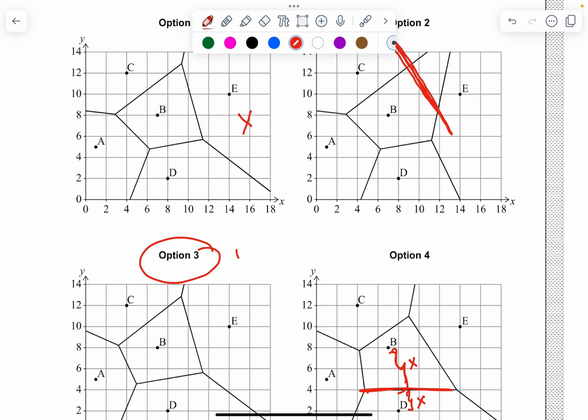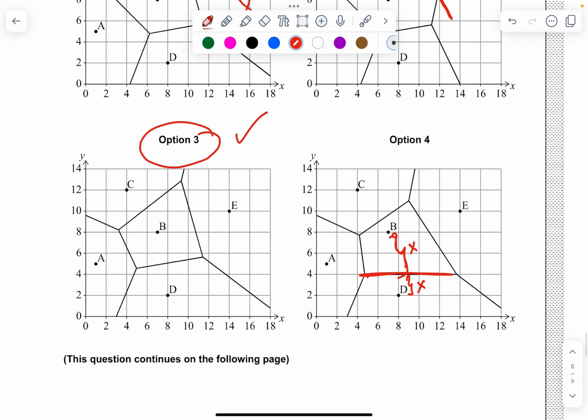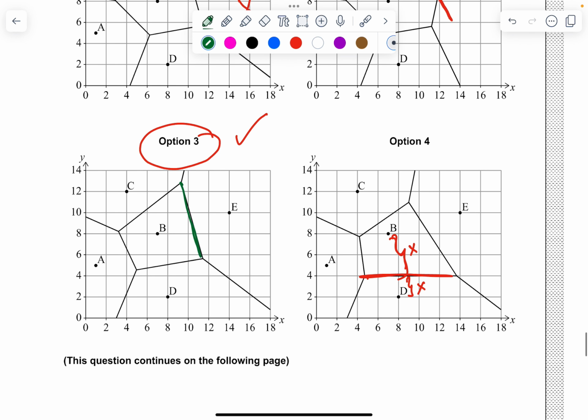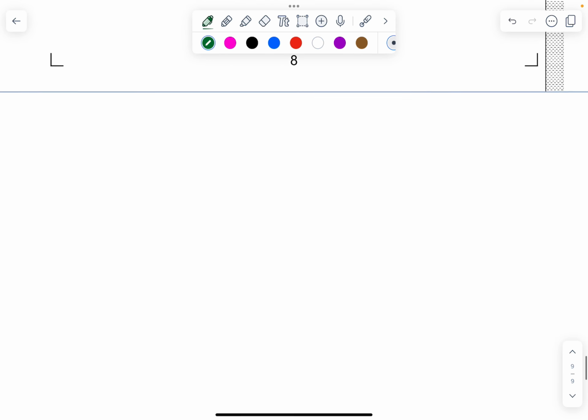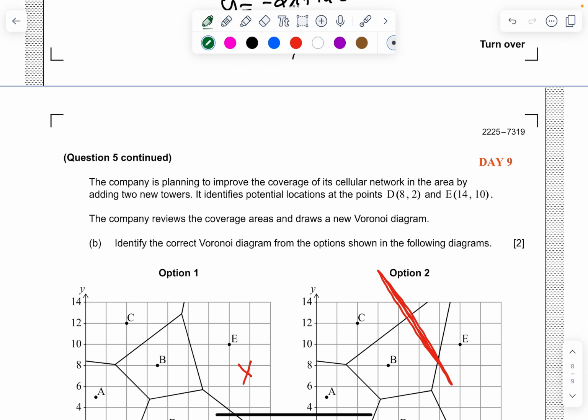So my answer is only option 3 is going to be the correct one. This is the correct perpendicular bisector, and between B and D also this is the only correct perpendicular bisector. That's the question I have identified over there.